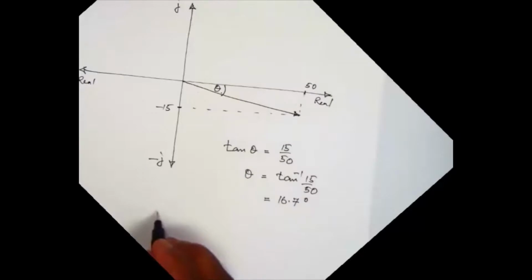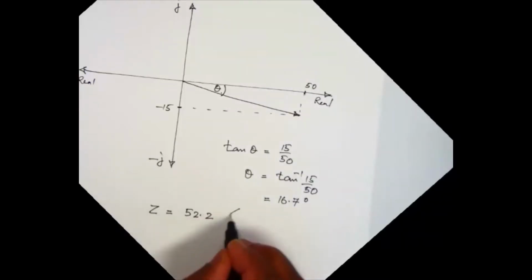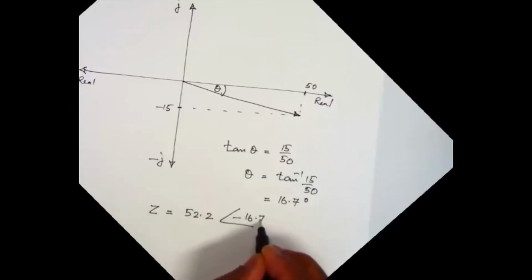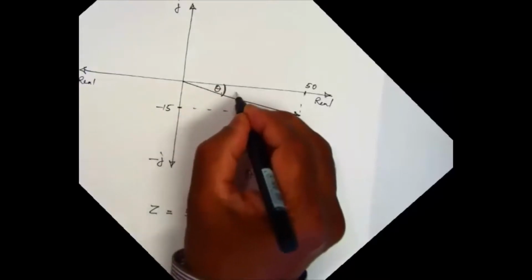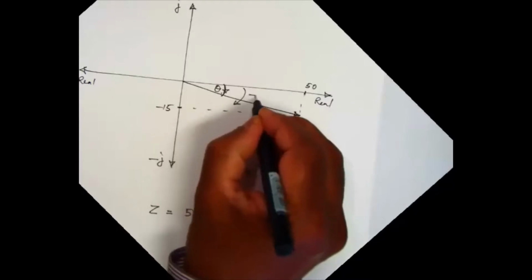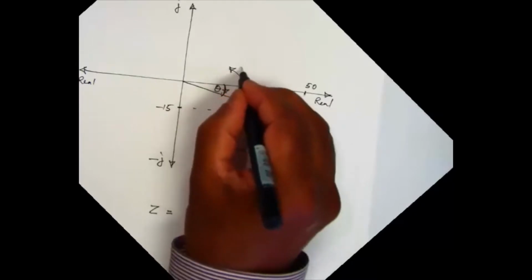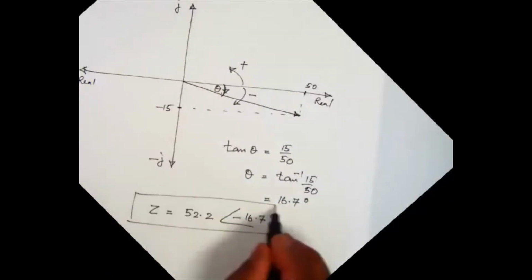So that gives us the complex number Z is equal to 52.2 with angle negative 16.7, because we are measuring in the clockwise direction, always negative. That's the negative direction and that's the positive direction. So that's the answer.